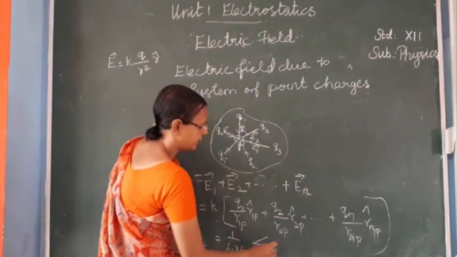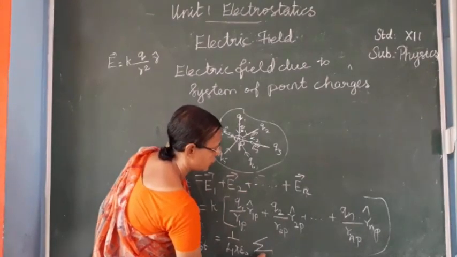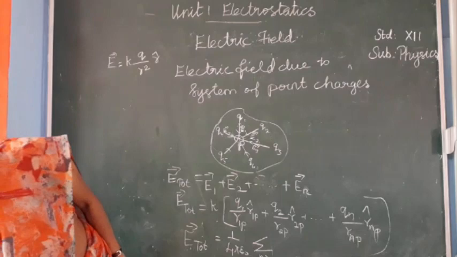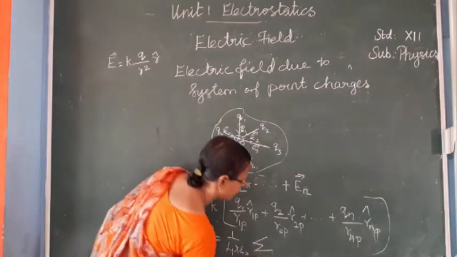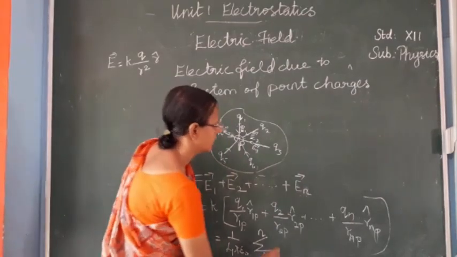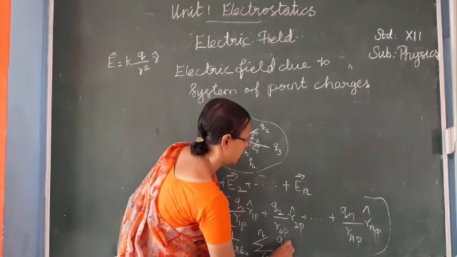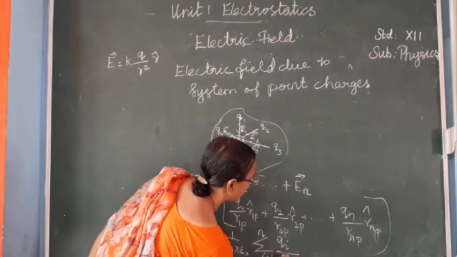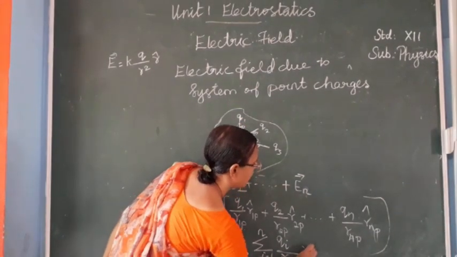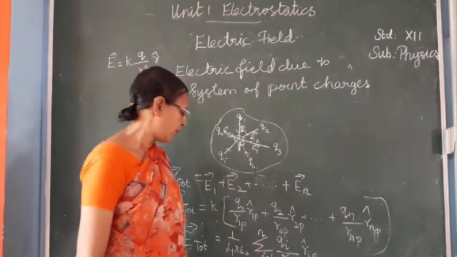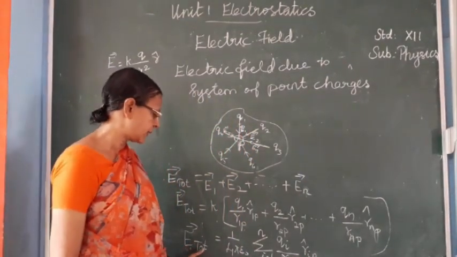Sigma, where i is equal to 1 to n, Qi divided by r_iP, or r_iP cap. So this is the formula. What is the formula for E total?